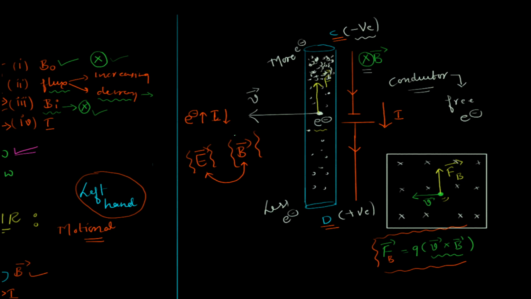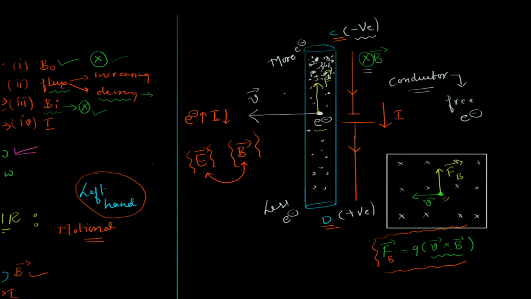We'll discuss more about the sentence that I just said in Maxwell's laws, but for now what I'm trying to say here is, can I maybe think of the motion of electrons upward as electric field being downwards?